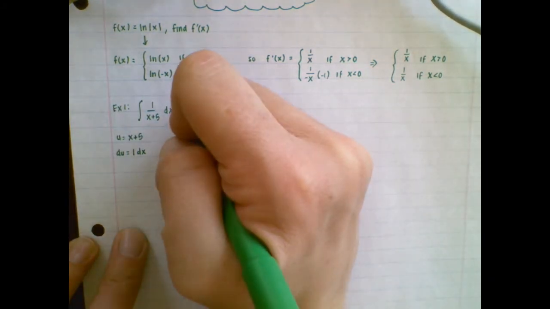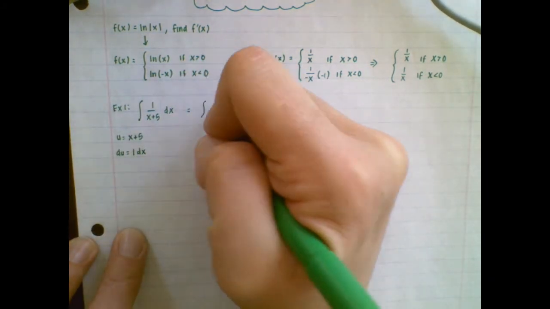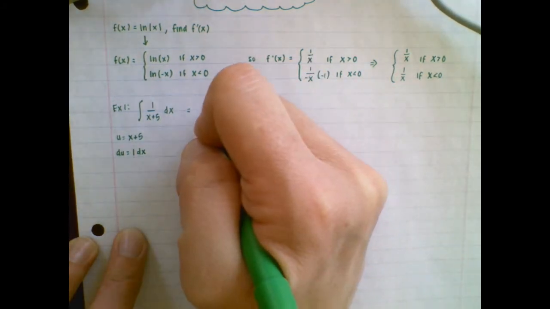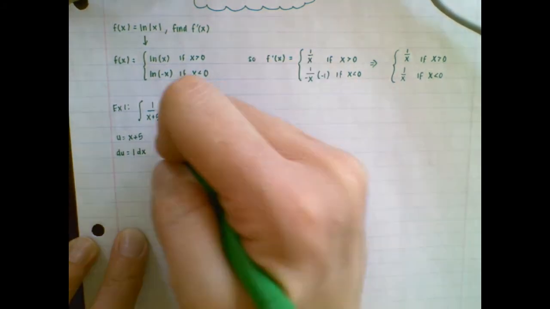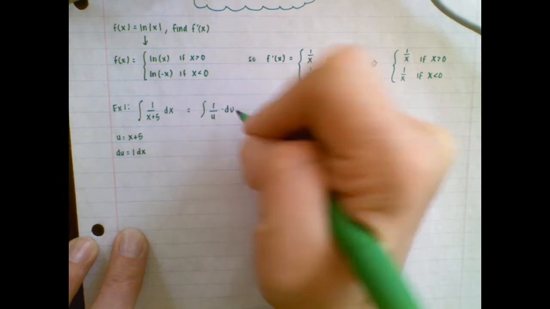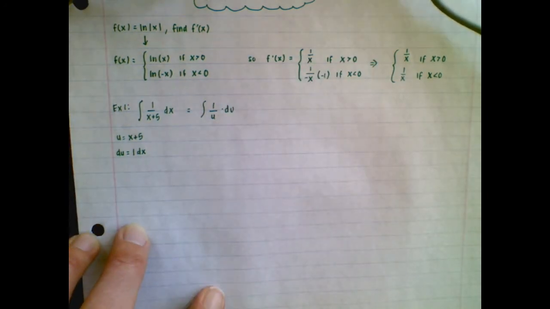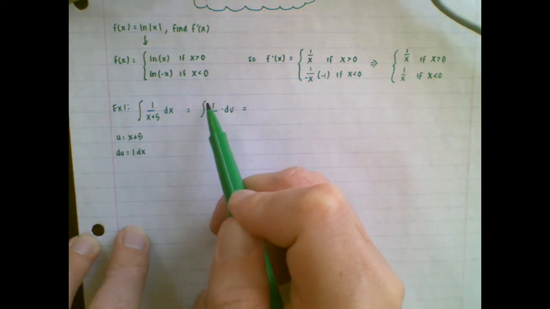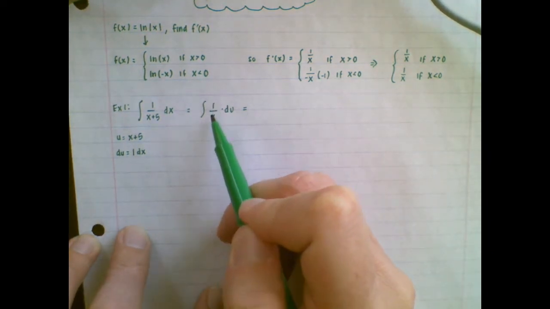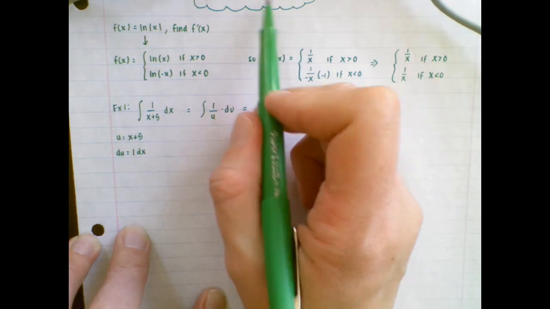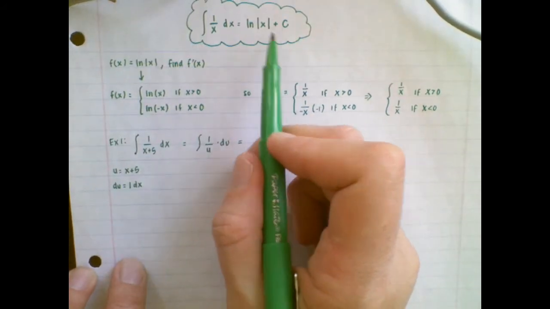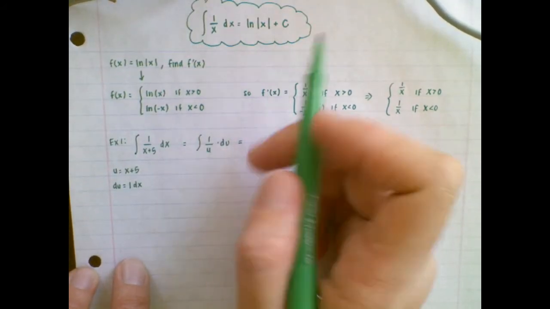So when I go to substitute in up here, that's going to tell me that I'm going to have the integral of 1 over u, and then dx is equivalent to du. So 1 over u times du. And the integral is telling me that whenever I have 1 over something, 1 over x, 1 over u, my setup is going to be using this ln of the absolute value of x plus c.